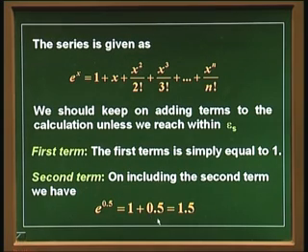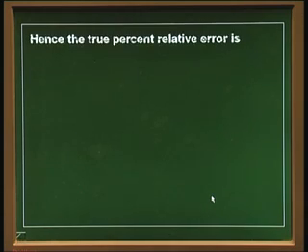That's one possibility, a true error. Or you could say my relative error here is 1.5 minus 1, since we are not bothered about sign, divided by 1.5 into 100. That should be less than 0.05. That's what we want.